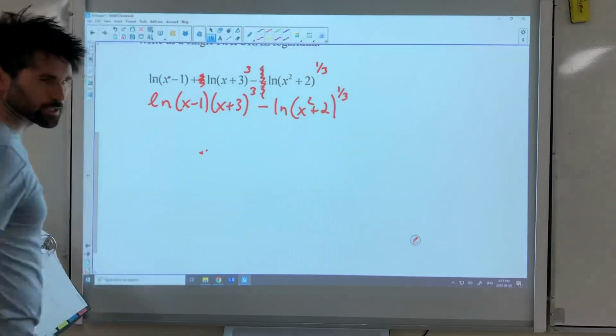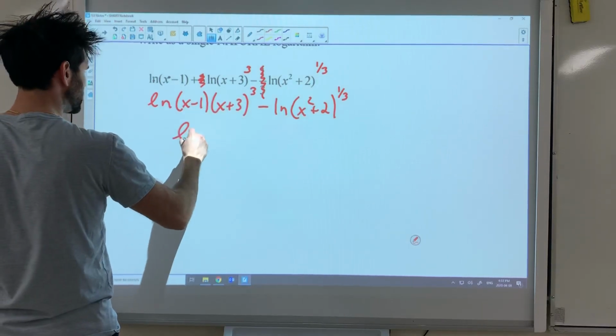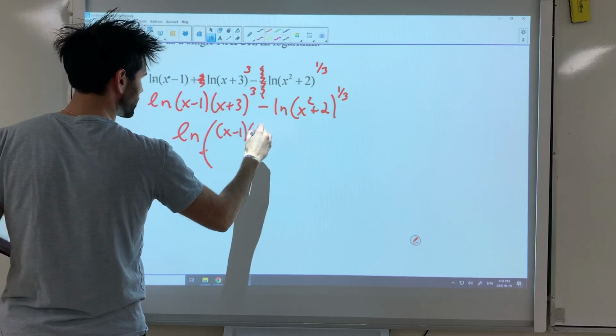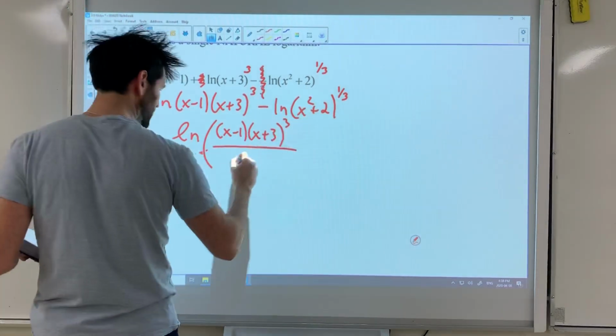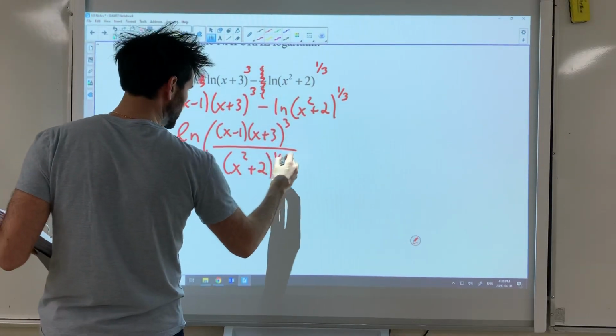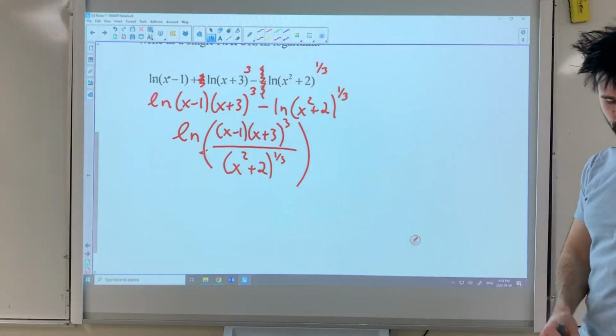Now I have subtraction, so that is going to be the quotient law. So it's ln, big bracket, first argument, x minus 1, x plus 3 to the power of 3, divided by second argument, x squared plus 2 raised to the power of 1/3. Done. It's ugly, but there it is.